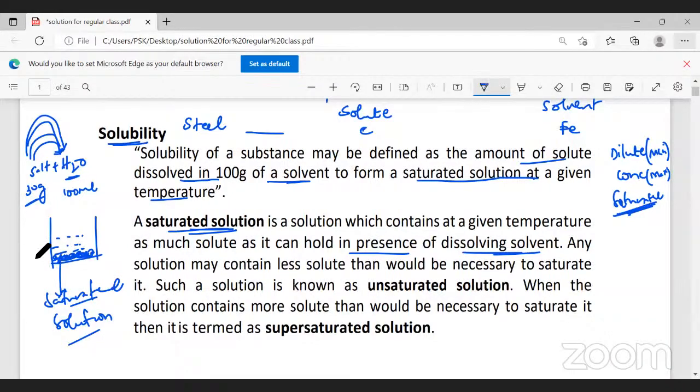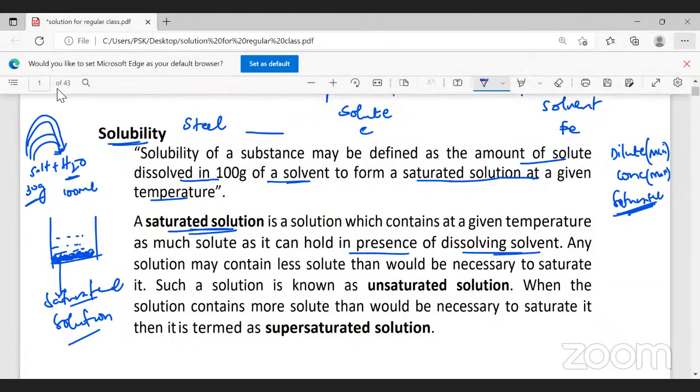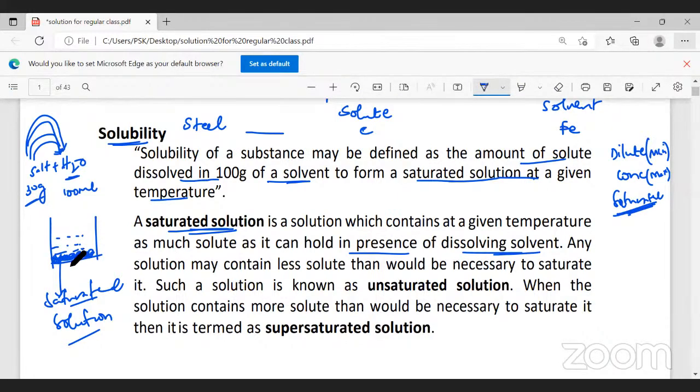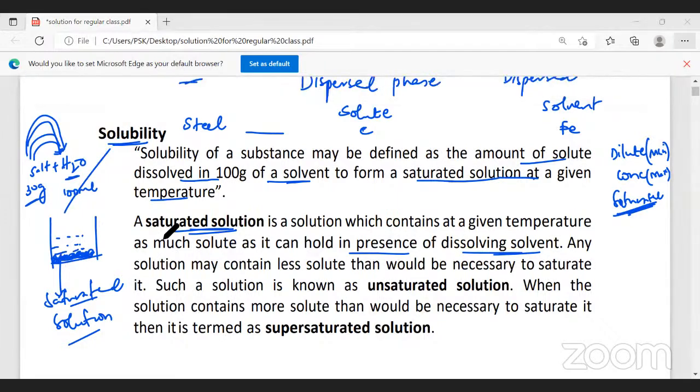Second time you add, it dissolves. Third time, it dissolves. Fourth time, it settles at the bottom. Now, the fifth time if you add the salt, do you think it will dissolve or settle? It will settle. Further dissolution of solute is not possible. Those kinds of solutions are called saturated solutions.